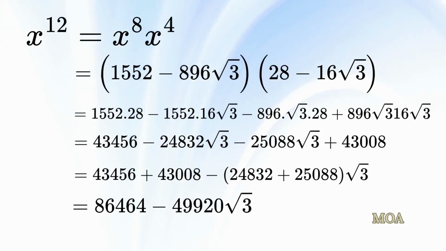Substituting the values we found earlier, x to the power of 12 equals x to the power of 8 times x to the power of 4, which is 1,552 minus 896 times the square root of 3, multiplied by 28 minus 16 times the square root of 3. Carrying out the multiplication, we find that x to the power of 12 equals 86,464 minus 49,920 times the square root of 3.